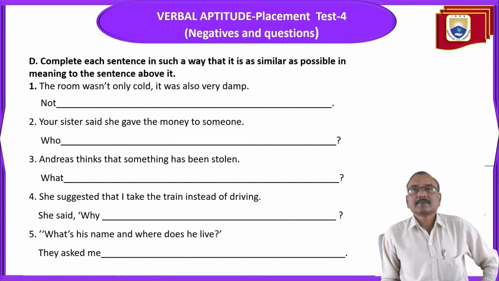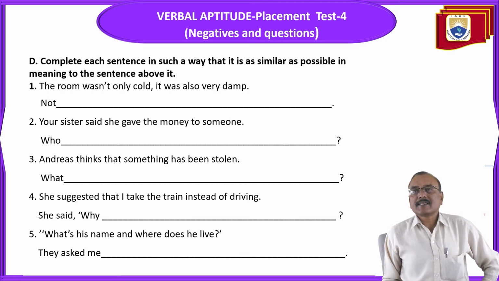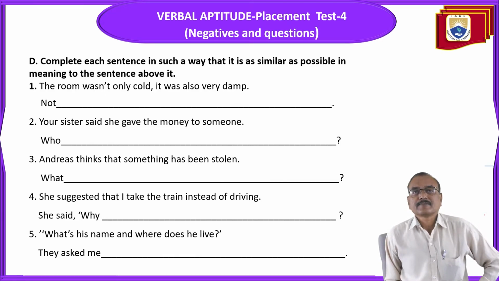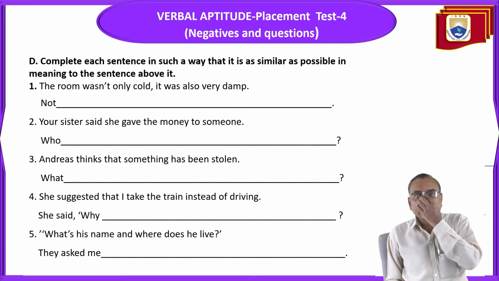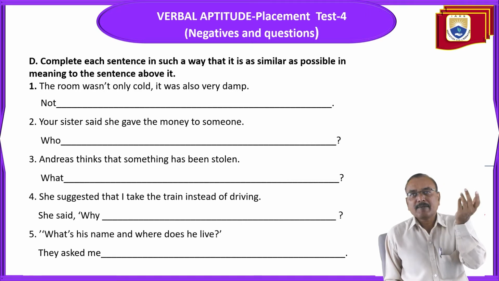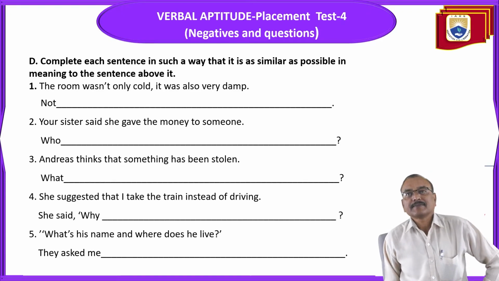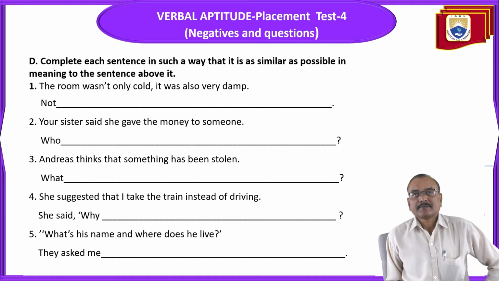Complete each sentence in such a way that it is as similar as possible in meaning to the sentence above it. This is in academic exams, where it may be like that, rewrite as directed. Is it clear?